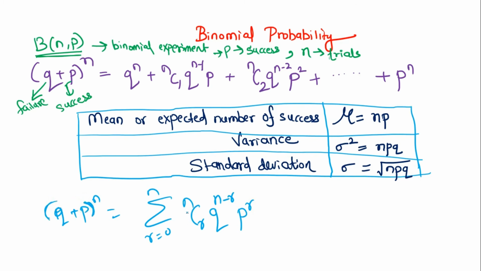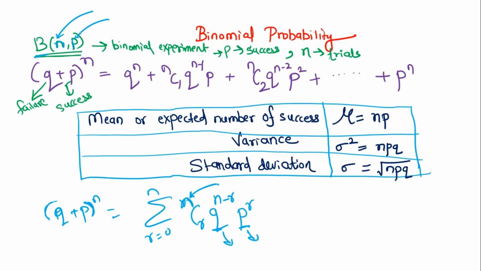Now what we have to do, instead of splitting this term for a particular equation, is that instead of q and p we are actually keeping the values of probability, and n is how many times you are performing that experiment. So in a binomial experiment you perform the experiment n times, and p is the probability of getting success.